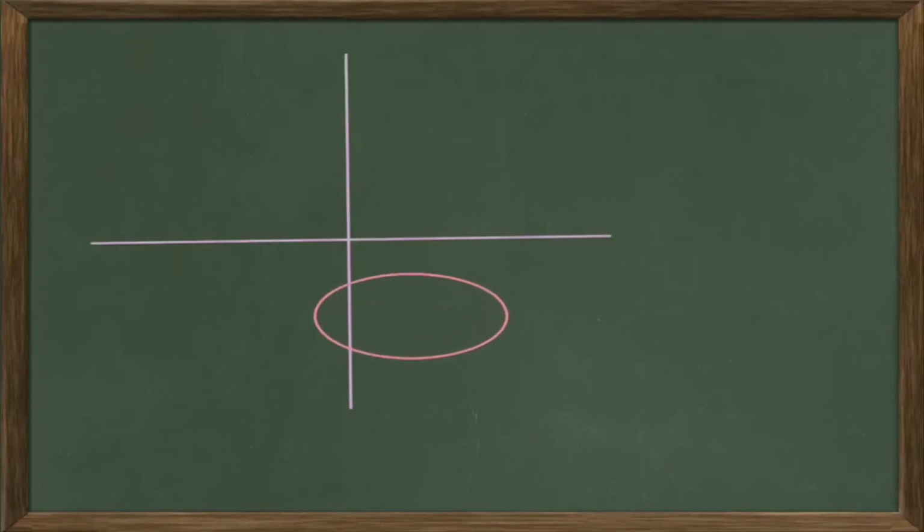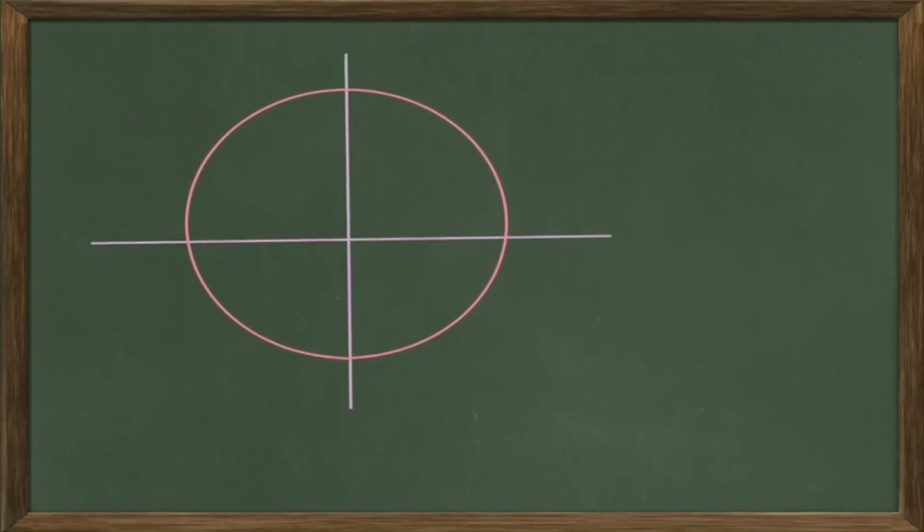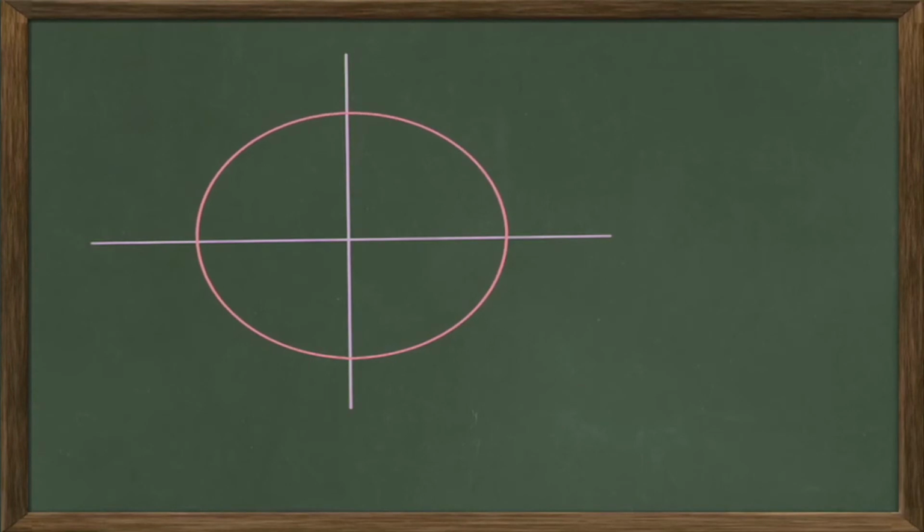We are interested in the complex number 1 minus e to the i theta. So we have fixed the complex number 1. Let the point P represent this complex number.